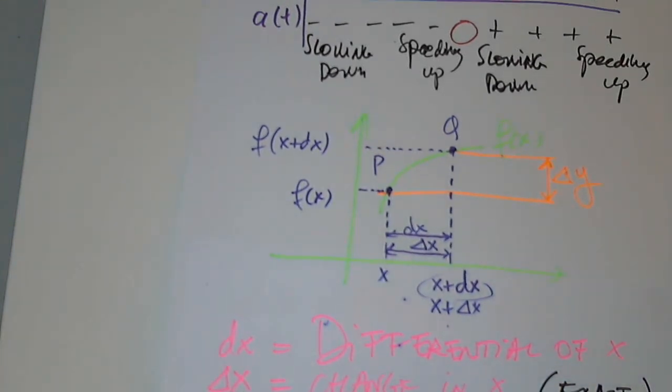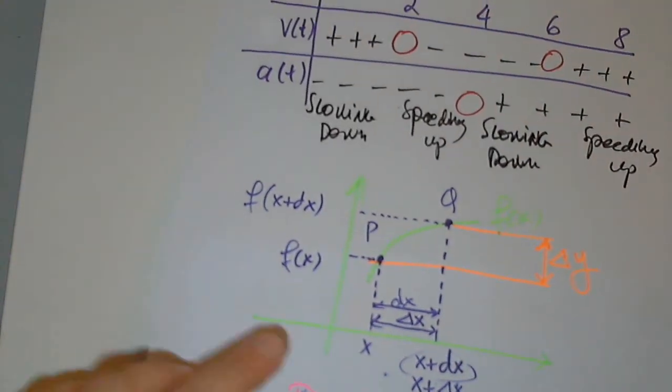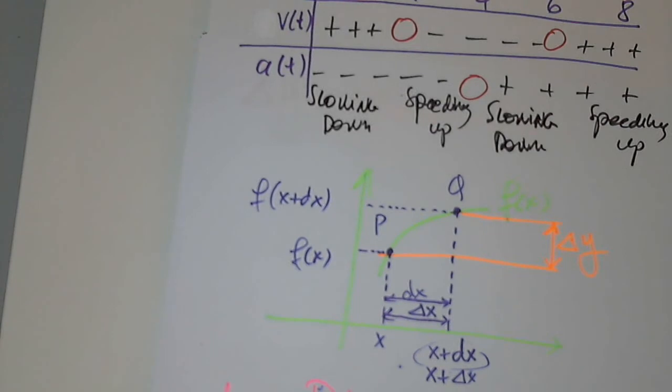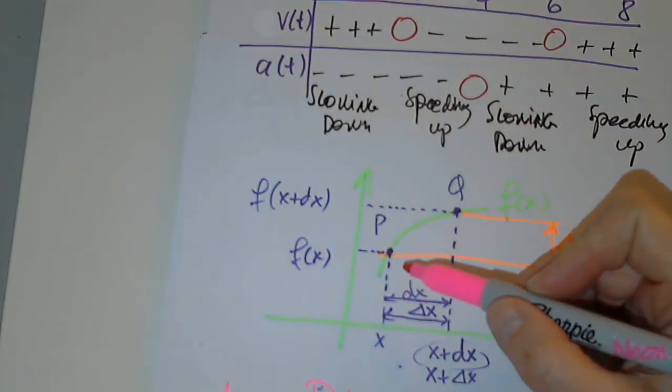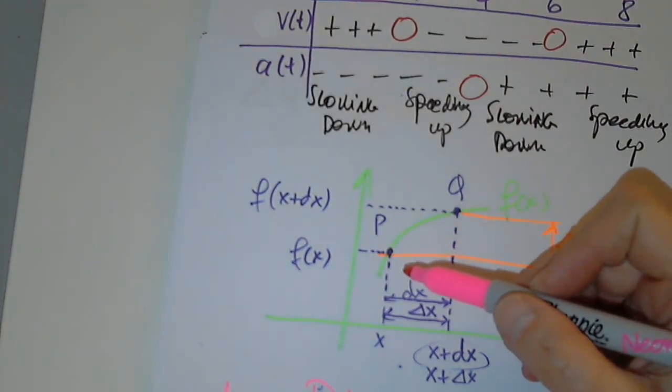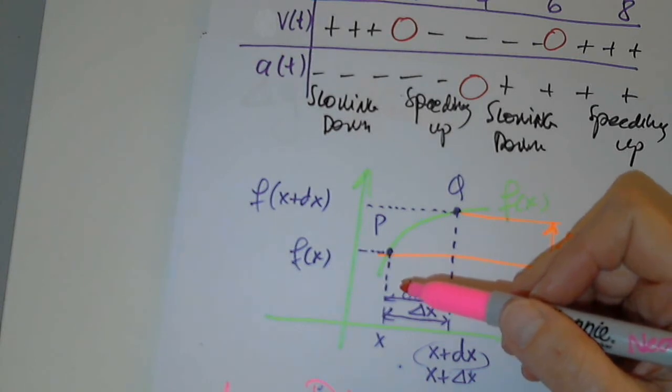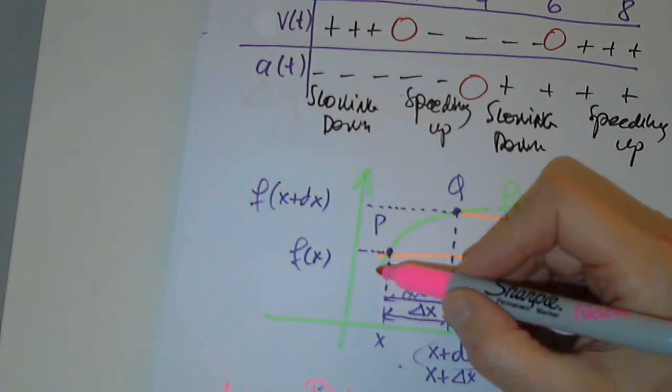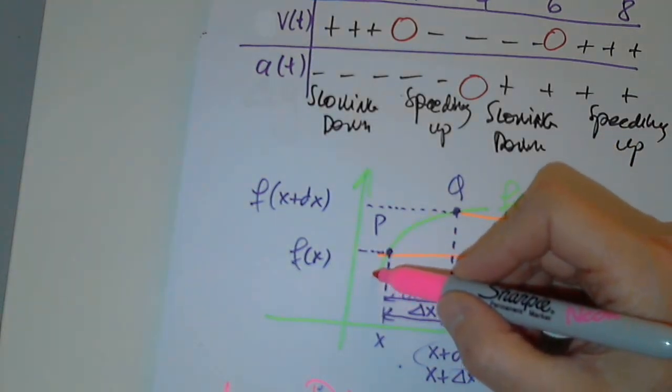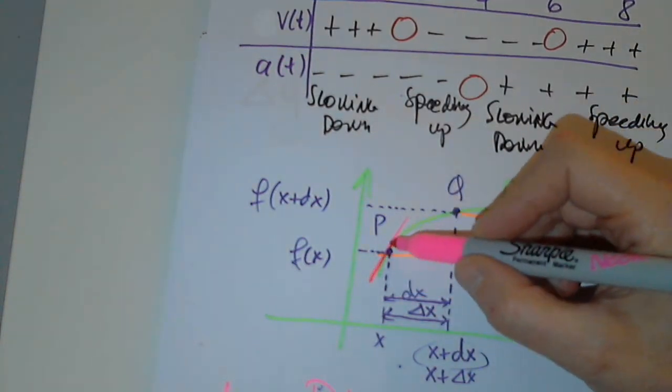Okay, bear with me one more second. Of course, I am going to draw, at P, like we always did, the tangent line at P. I'm going to extend it.